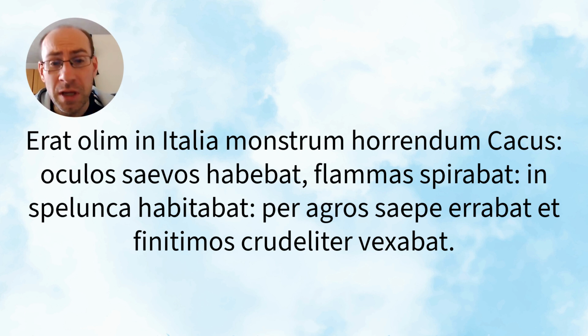He would wander, he would walk, stray, per, through the fields, often. And find the verb, vexabat, he would vex, harass, torment, distress. Finitimos, the neighbours, the neighbouring peoples, accusative. Crudeliter, adverb, cruelly, in a cruel fashion, he would harass the neighbouring people.